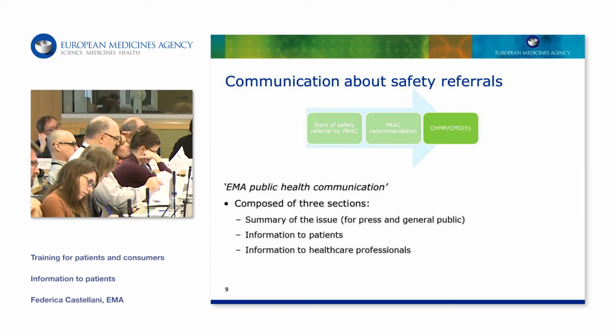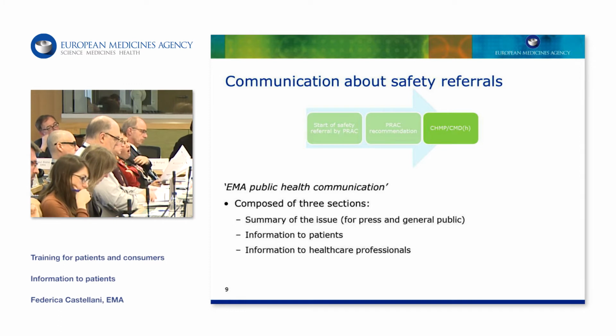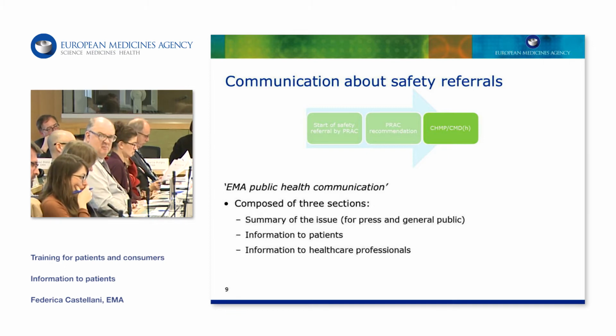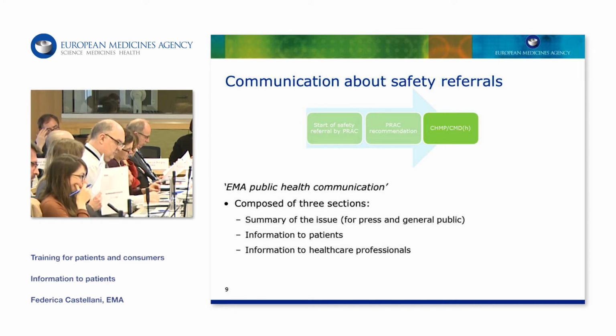Then we try to have more targeted information, and we have a specific section for patients using the specific medicine to let them know what they are supposed to do, what happened, and what the actions are. In the same way, there is a section targeted to healthcare professionals, with of course a different language, where we also try to include relevant data that have been looked at.